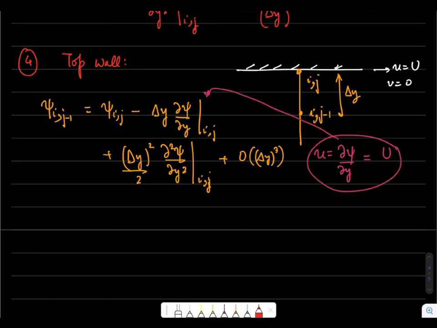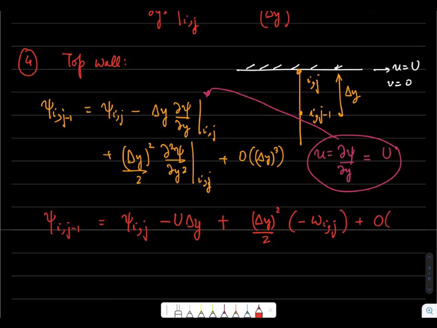We will have psi i,j-1 to be psi ij minus delta y times U, plus delta y squared by 2 (I should actually put a plus there), and d2 psi dy squared will come out to be minus omega ij by the same arguments that we have been using so far, plus an order delta y cubed term.